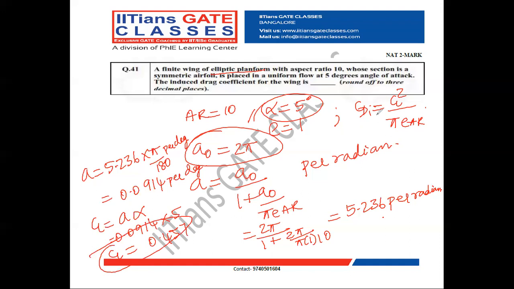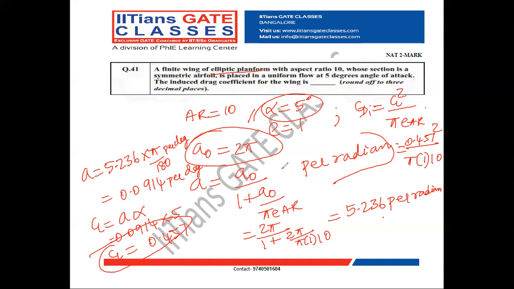So if I substitute in this equation, we already know CL square is 0.457 square, divided by pi, Oswald efficiency factor is 1, aspect ratio equal to 10.